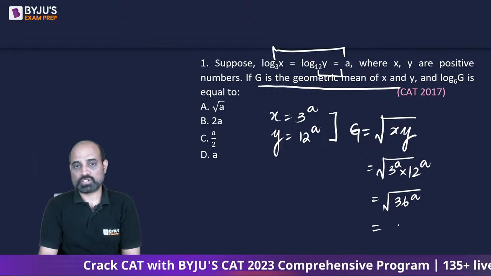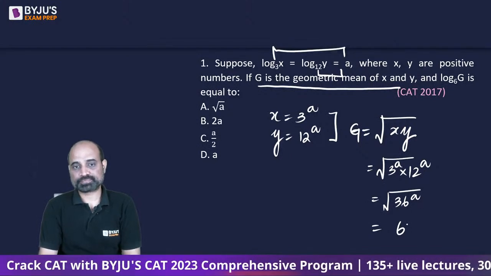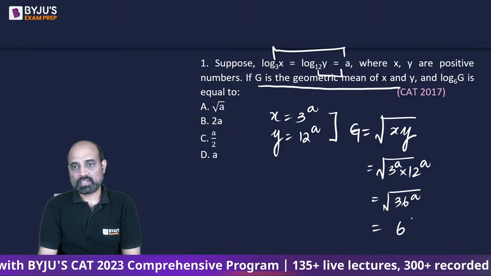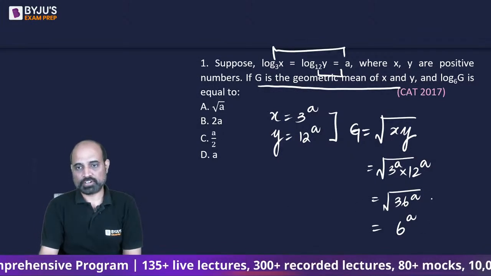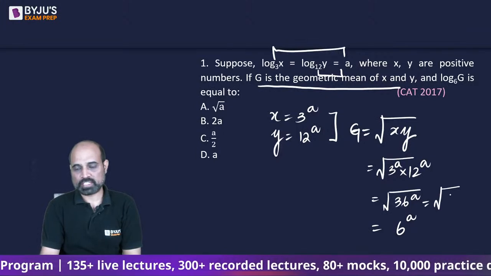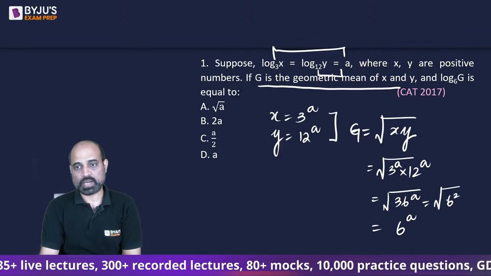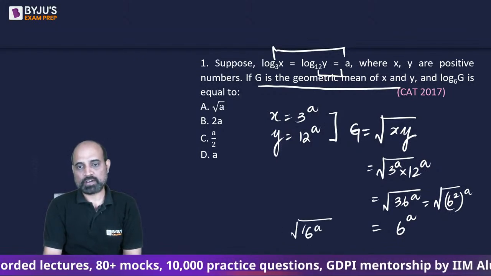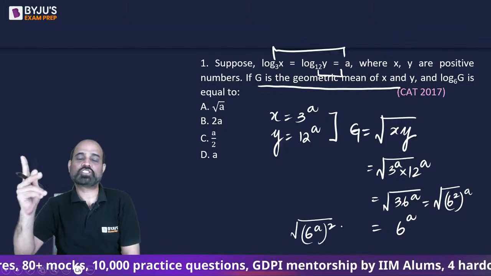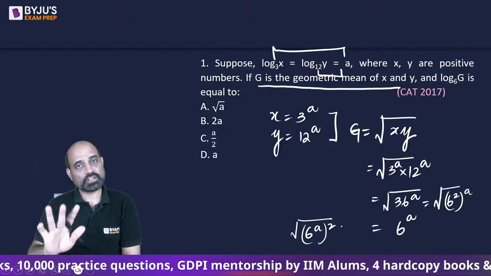So this is going to give us 6 to the power a. In order for you to understand, I'm going to write this as 6 square to the power a, which I can write as 6 to the power a whole square. I interchange the powers 2 and a. So this is what I will get.